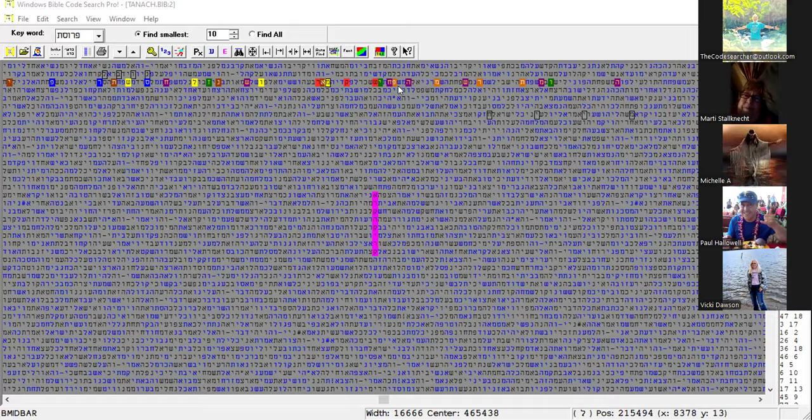And then we have, going in the other way, Hamashiach this way. But I have false, so like false messiah, and also counterfeit in the green here. So counterfeit or false messiah going all the way here to the Zion.